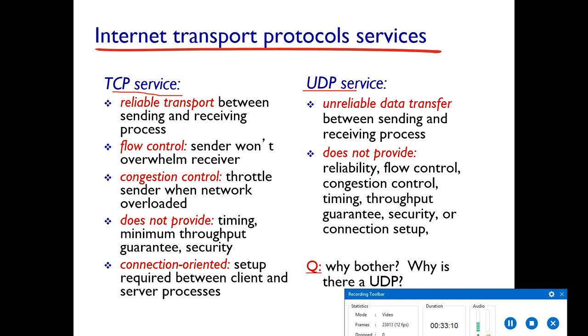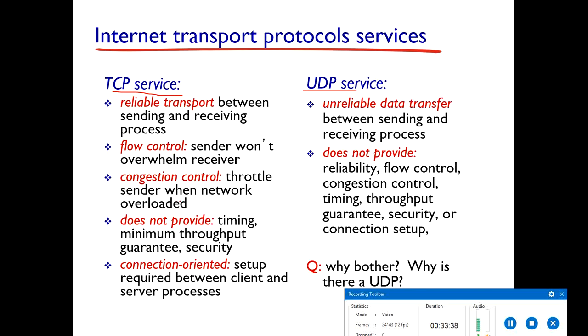The third service that TCP offers is congestion control. It will throttle the sender when the network is overloaded. So the congestion control mechanism is a service for the general welfare of the internet. Congestion control throttles a sending process, be it the client or the server, when the network is congested between the sender and the receiver.